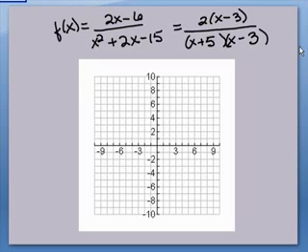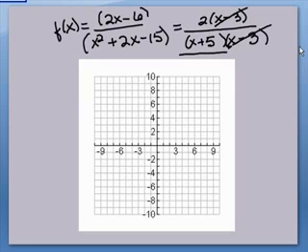Okay, so you would still put this whole thing in your calculator. To put it in the calculator, make sure and put parentheses around the numerator, divided by, and then parentheses around the denominator. But what happens when you go to graph it is that the x minus 3 cancel out, and instead of getting an asymptote at 3, we're going to get a hole in the graph. Okay, so we get one vertical asymptote from the x plus 5.